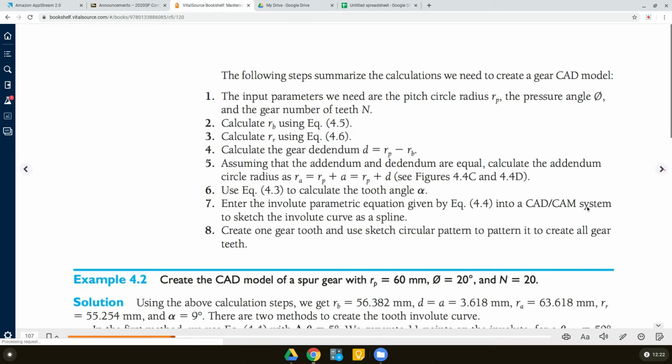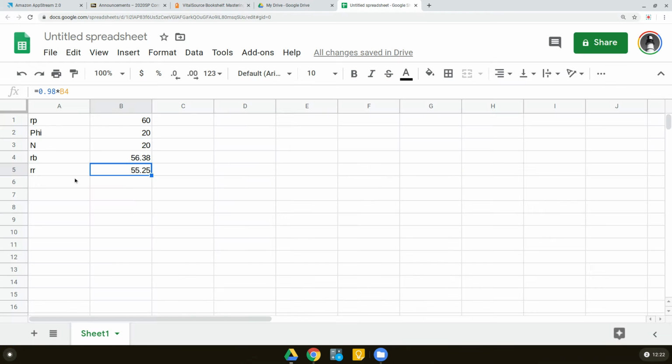Then we already completed step number 2 and step number 3. Now we need to calculate something called gear dedendum, which is d r, which is equal to pitch circle radius minus base circle radius. So I'm going to calculate that dedendum, pitch circle radius minus base circle radius.